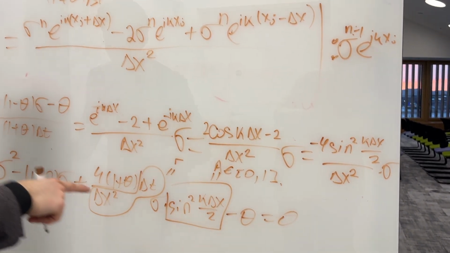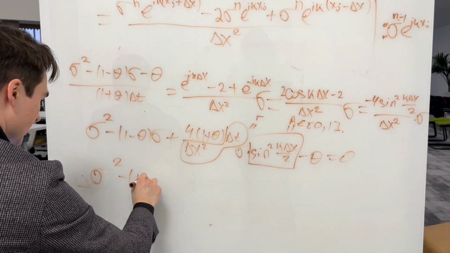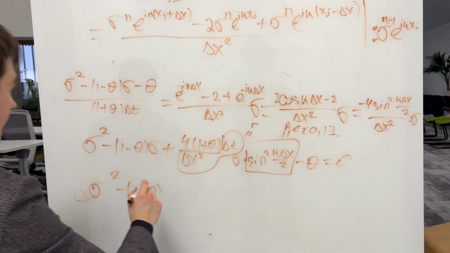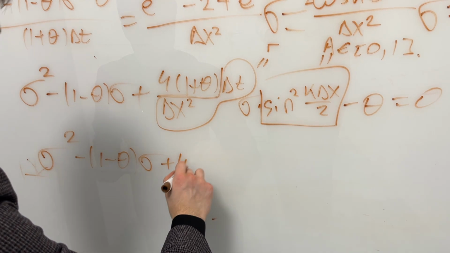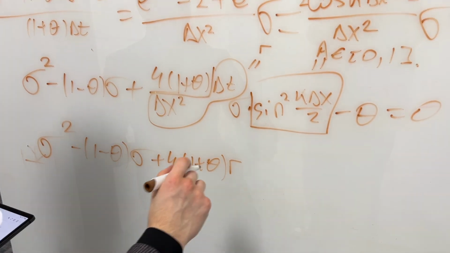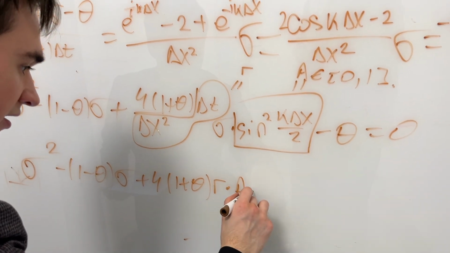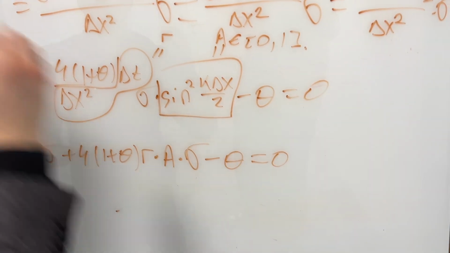This will simplify to the following. Sigma squared minus 1 minus theta sigma plus 4 (1 plus theta) r a sigma minus theta is equal to 0.